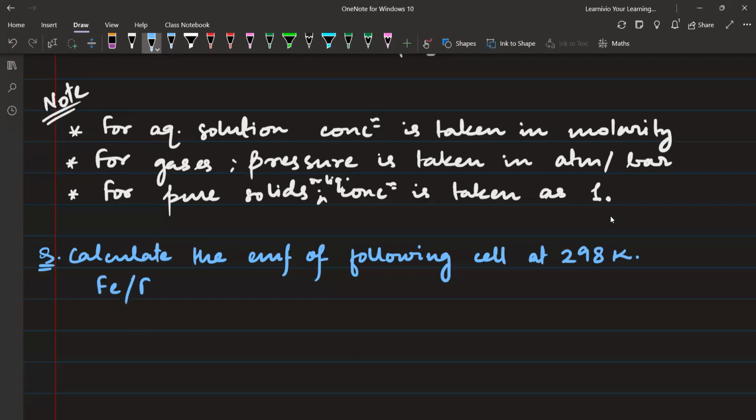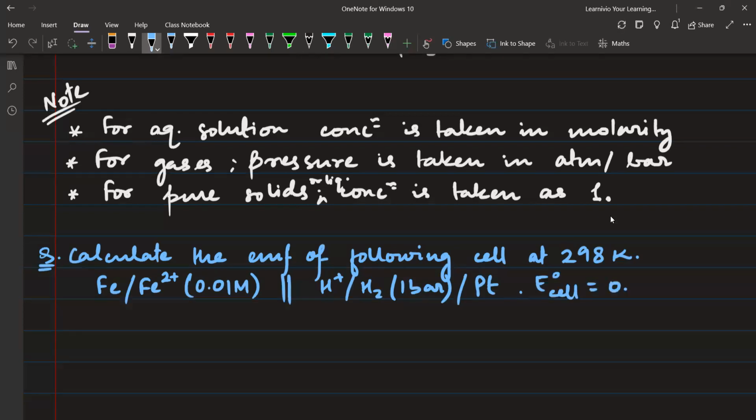Fe to Fe2 positive, and here the concentration of Fe2 positive is given as 0.01 molar, and then they have given H plus to H2, that is 1 bar, and platinum working as inert electrode, and E naught of this complete cell reaction is given as 0.44 volts.